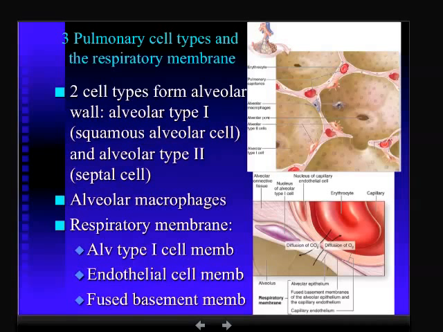All right, so alveolar type 1, simple squamous epithelium. Those are the ones that form where gas exchange occurs. We said that we can talk about the respiratory barrier, or the respiratory membrane, if you will, as what? The type 1 alveolar cell, the fused basement membranes of the alveolar cell with the adjacent endothelial cell of the blood capillaries.